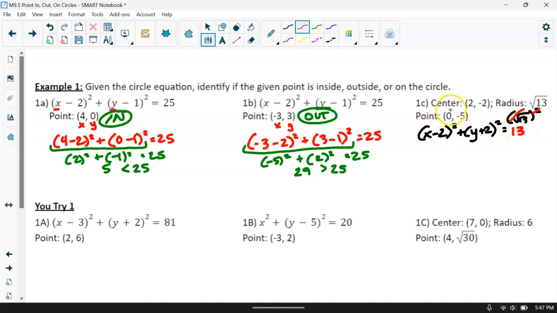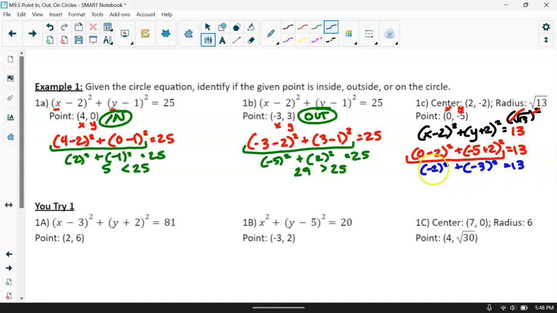Now we go through and substitute. Here's my x, here's my y. And then here we've got 0 minus 2 squared plus my y, which is negative 5 plus 2 squared. And we're going to see if this is equal to 13. So here we've got negative 2 squared plus negative 3 squared.